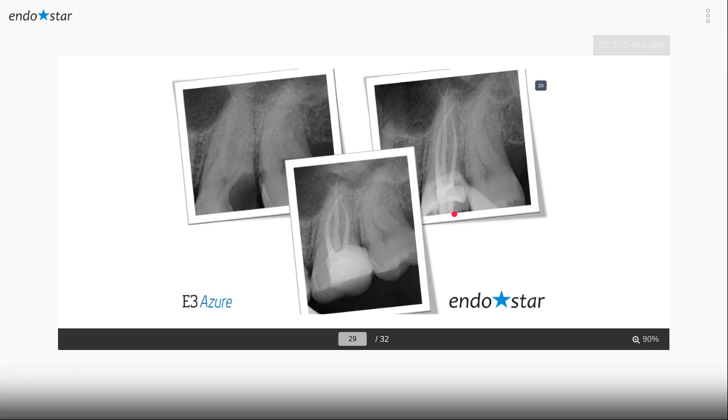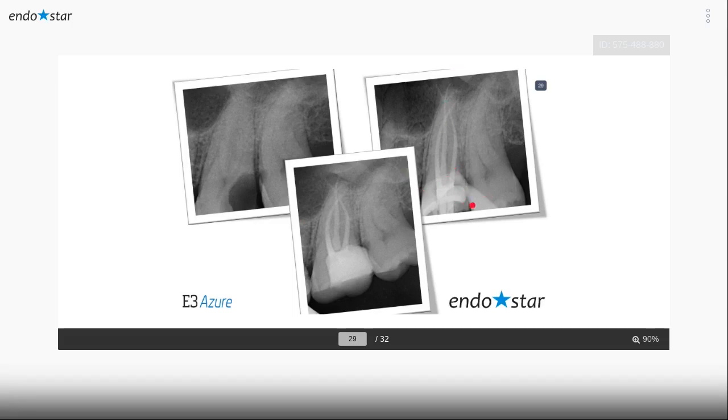What I benefit from the 35 taper 4 is that the canals are not severely curved, but at the same time, the 35 taper 4 E3 Azure has a wide core. The core is big, so it can resist more forces impacted on the whole length of the nickel titanium wire. Then I go back to 30 taper 4, irrigation all the way, continuous irrigation.